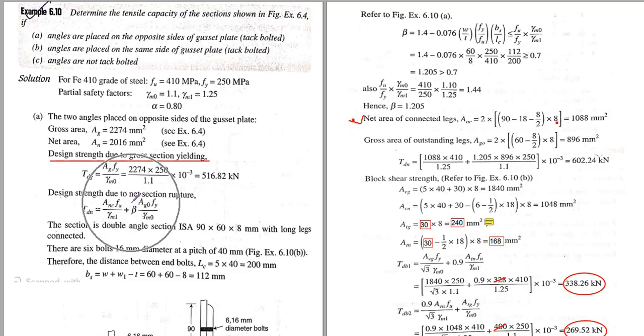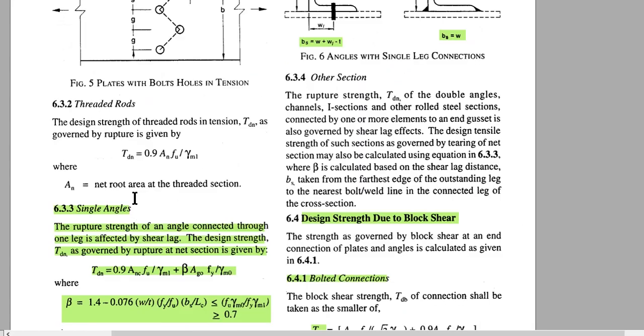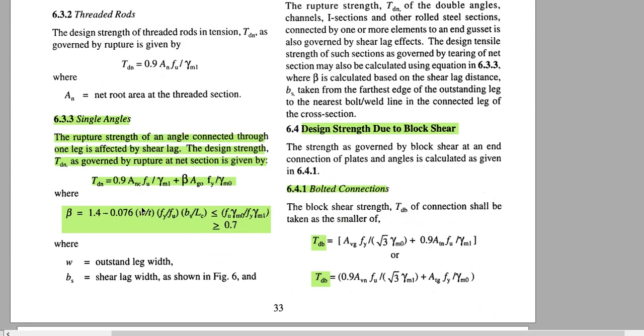Then you have to find this beta. To find the beta we need to open our IS 800 because beta is given there. To find this beta we need W, T, BS and LC. BS is the shear lag width and LC is the length of the connection, and W is the outstanding leg width.